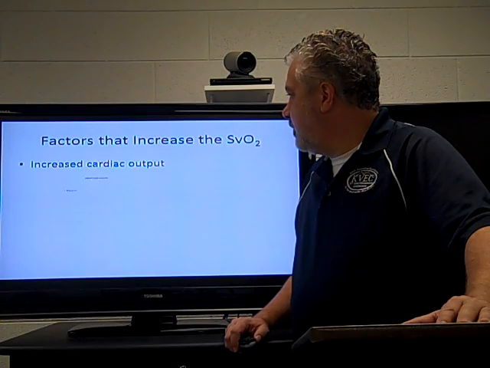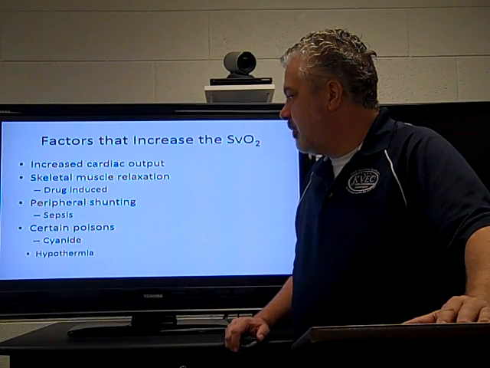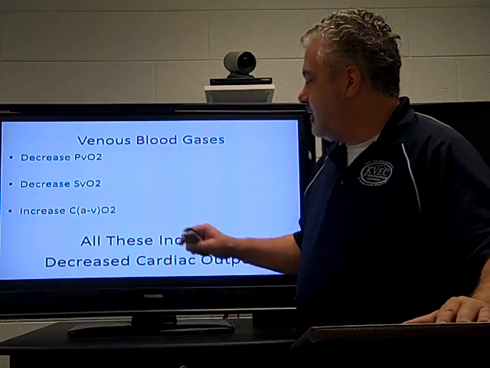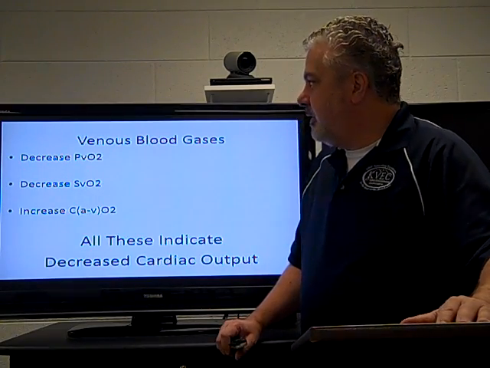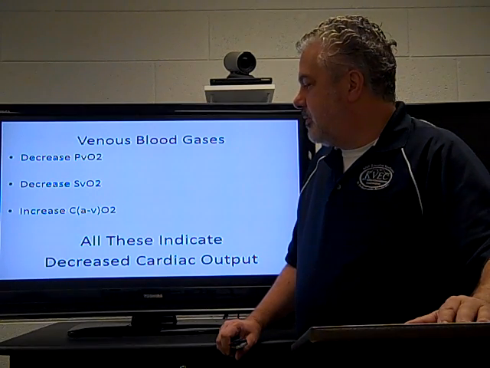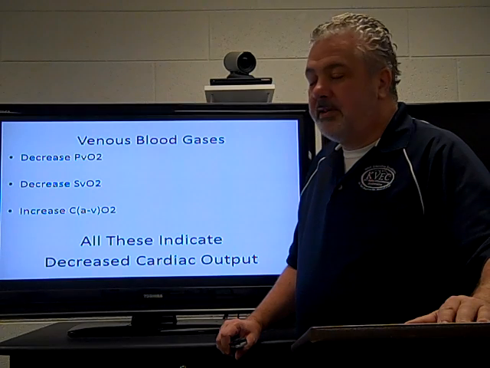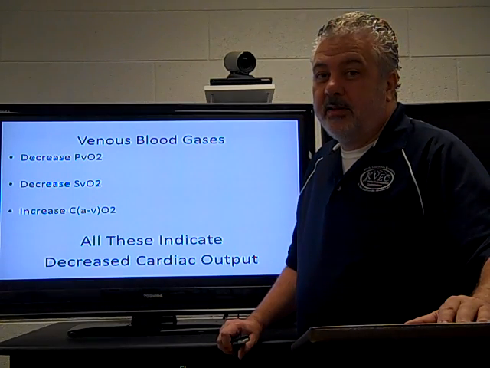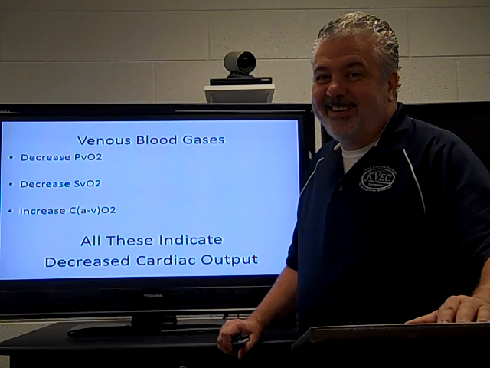That's the main thing to know. An increase in SvO2 is hypothermia. We've been through that. And this is the statement that I just made: venous blood gases with decreased PvO2 or SvO2 say decreased cardiac output, and an increase in the AV difference says a decrease in cardiac output. It's a lot to take in.